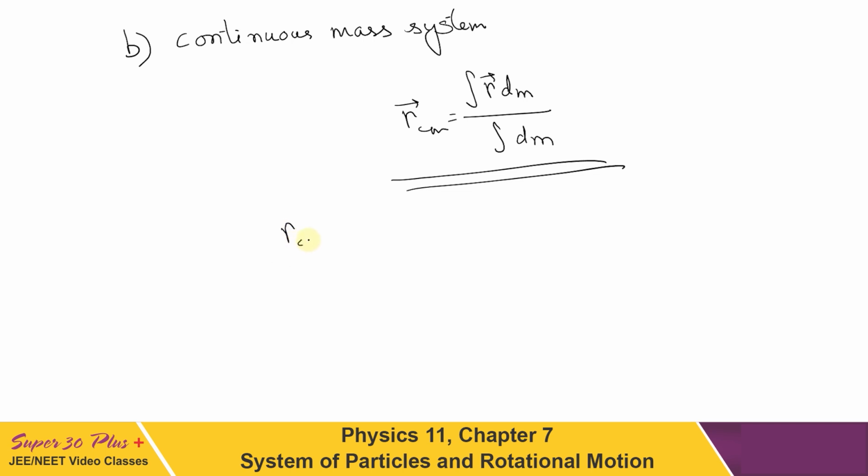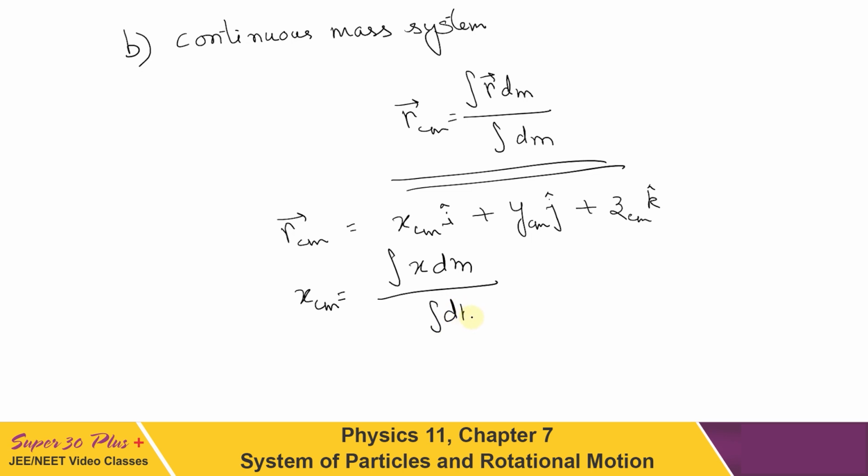For this, we can write R_CM as X_CM i plus Y_CM j plus Z_CM k. So X_CM can be written as integration of x dm upon integration of dm, and this integration has to be done all over the body.